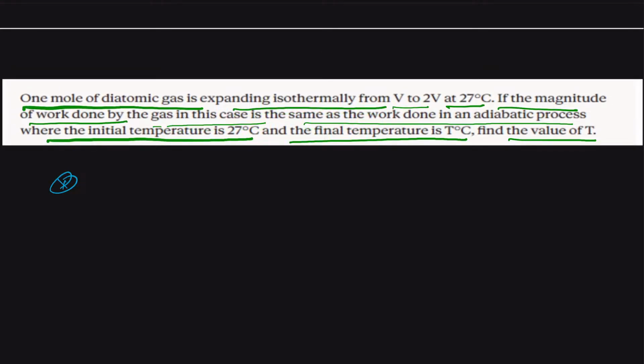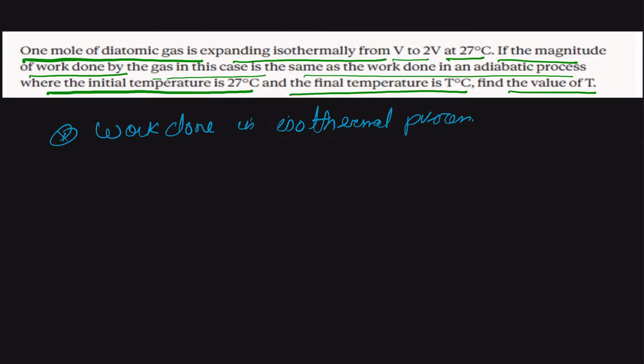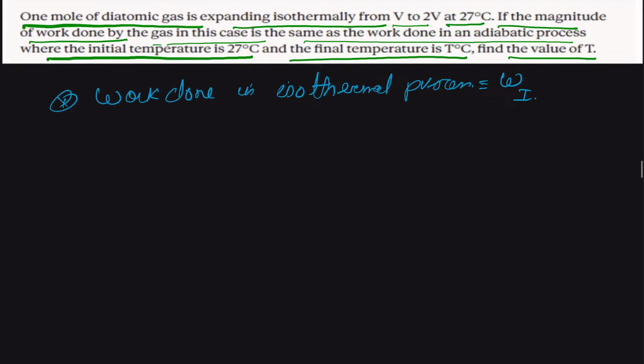So, we can say that work done in isothermal process, let us call this Wi, will be equal to nRT times natural log of final volume over initial volume.